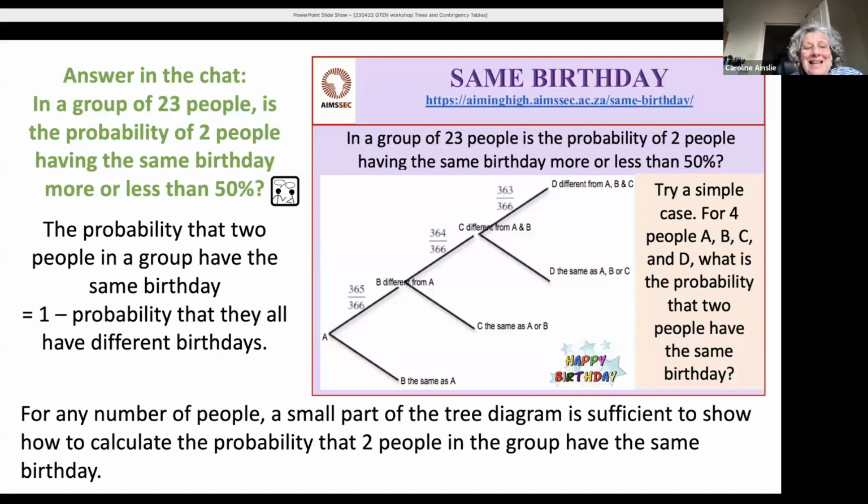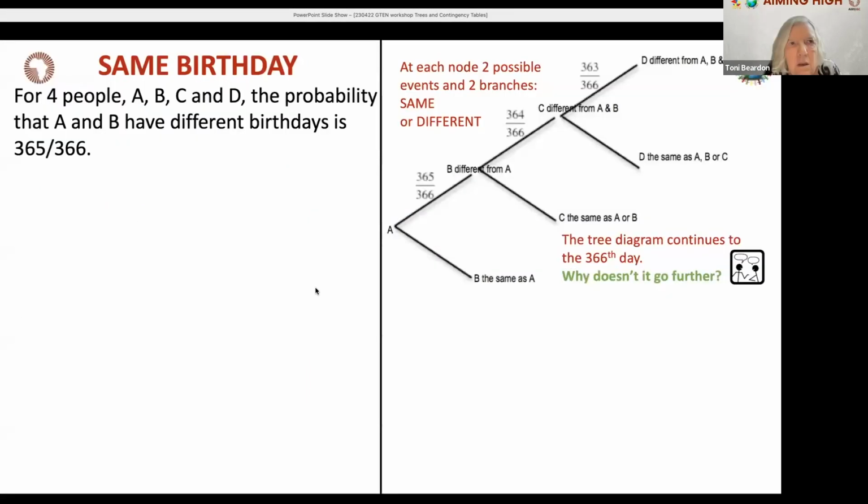So for 4 people, the probability that B has a different birthday from A is 365 out of 366. Now notice at each node there are 2 possible events and 2 branches. Either it's the same birthday or different birthdays.